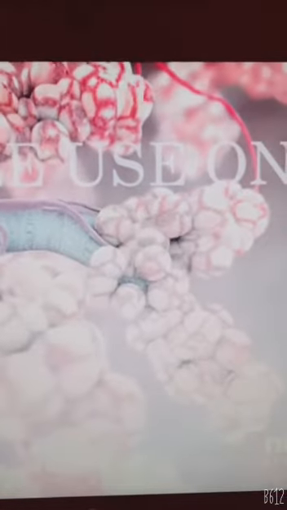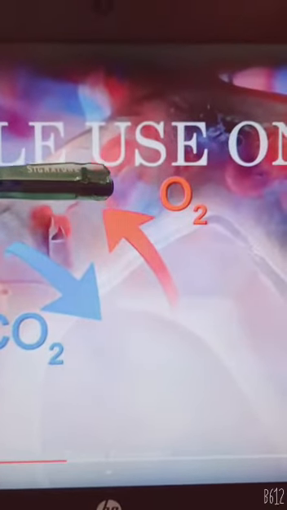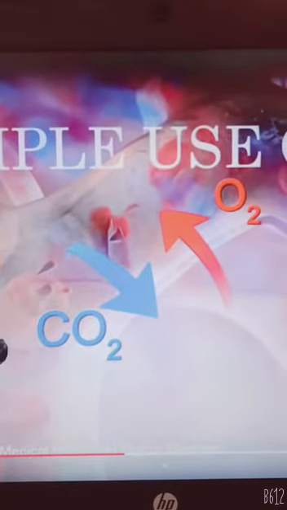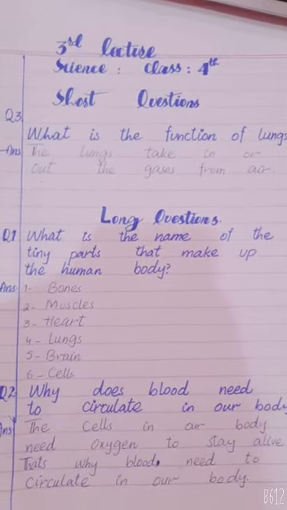This oxygen is absorbed into the bloodstream, and when you breathe in, your lungs fill with air and become larger. And when we breathe in, we absorb oxygen gas, and when we breathe out, we release carbon dioxide gas. So this is the function of lungs.